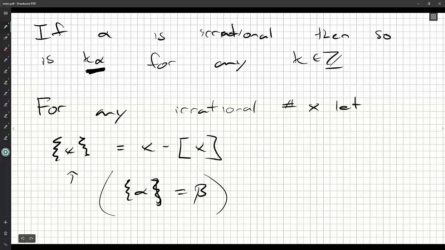And what I want to do is say something to the effect of the integer part of k alpha, well, what can we say really about it? This is the challenge. I want it to fit between 0 and 1 over m, and so in theory this should work.